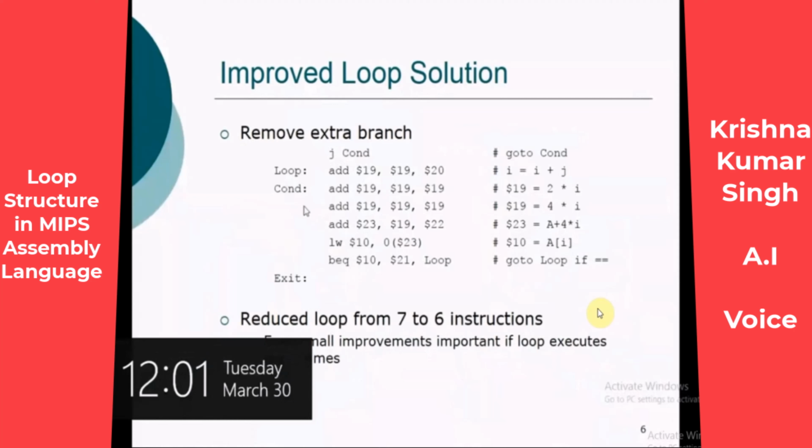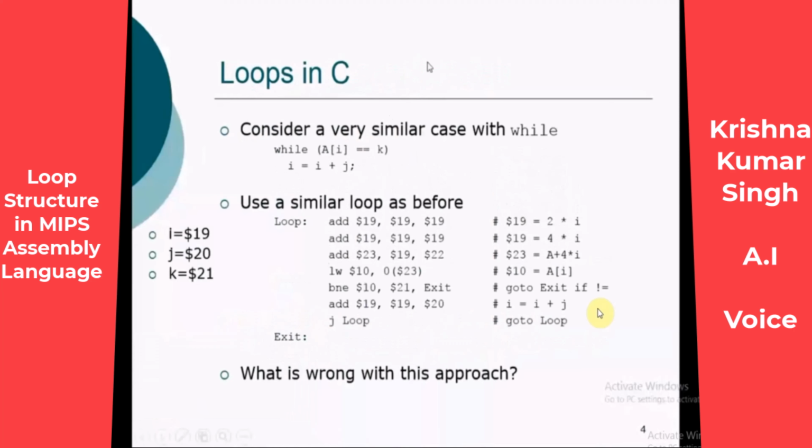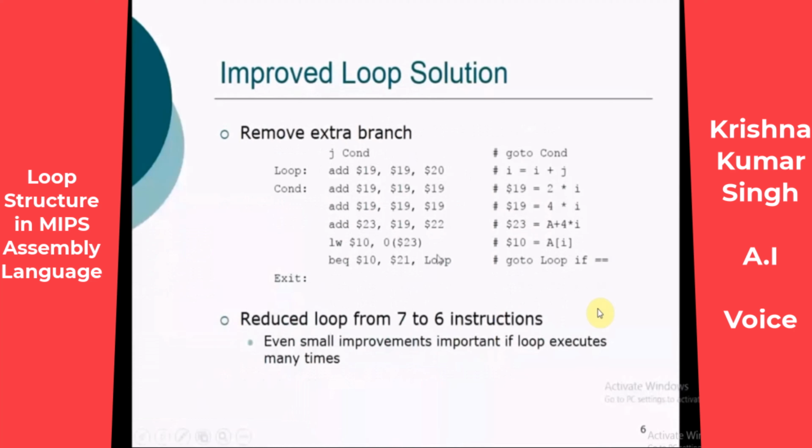So now the previous code is written by 6 statements: 1, 2, 3, 4, 5, 6. The first one is outside of the loop and is only executed 1 time, but the body of the loop is these 6 statements.